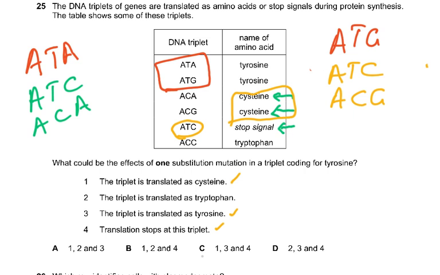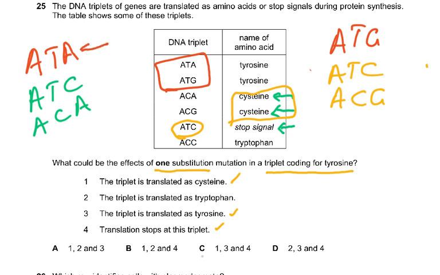Now, this is how I've solved question number 25. The DNA triplets of genes are translated as amino acids or stop signals during protein synthesis. The table shows some of these triplets. What could be the effects of one substitution mutation in a triplet coding for tyrosine? The triplets coding for tyrosine are ATA and ATG.